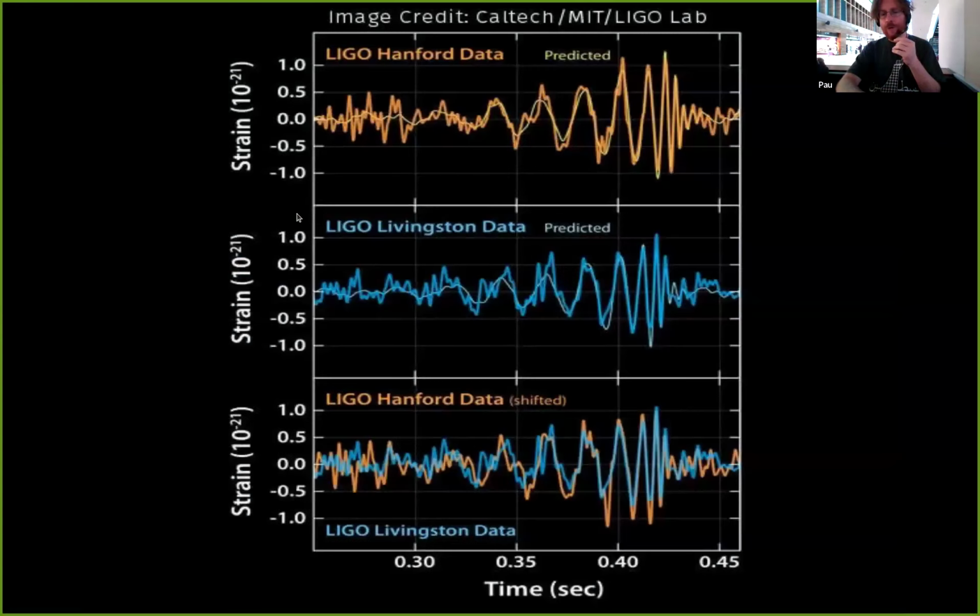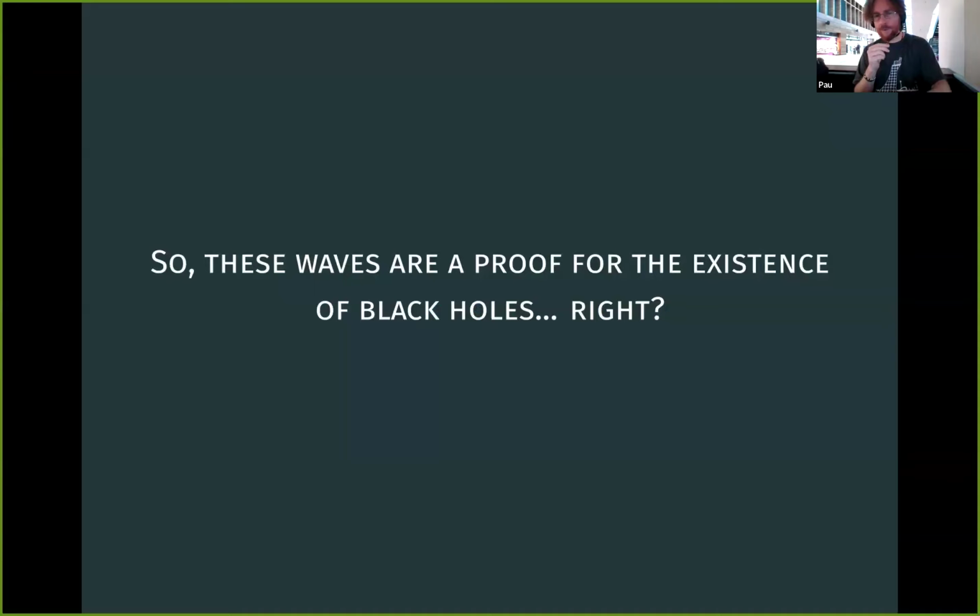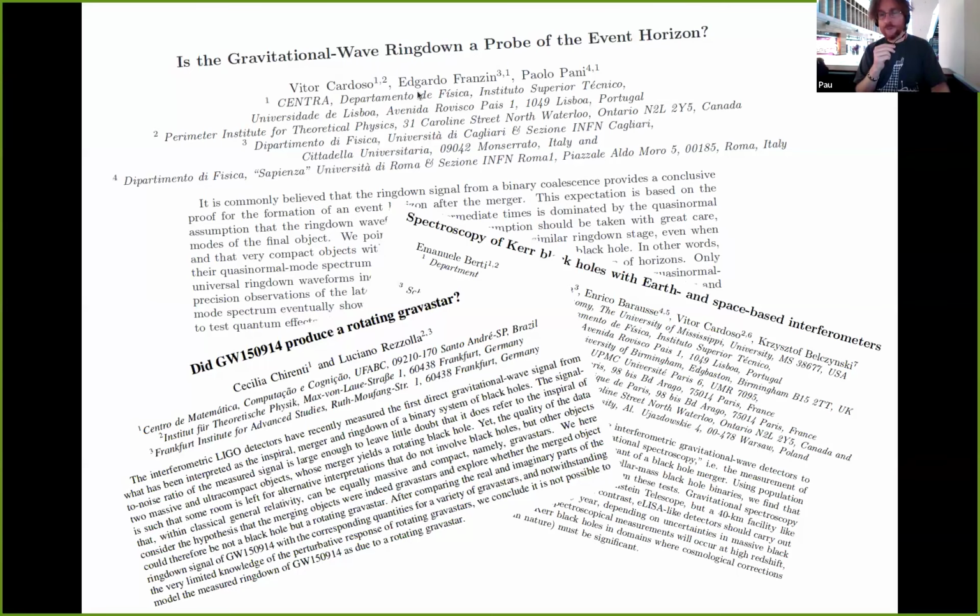You take this wave and you try to reproduce it with an exotic object. In the work by Victor Cardoso, this is a wonderful paper, with Franzin and Pani, they reproduced the wave exactly. When I say exactly, it's within some error, of course, but it was basically the same thing.